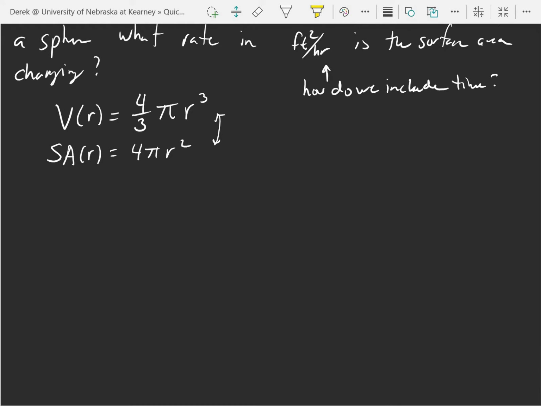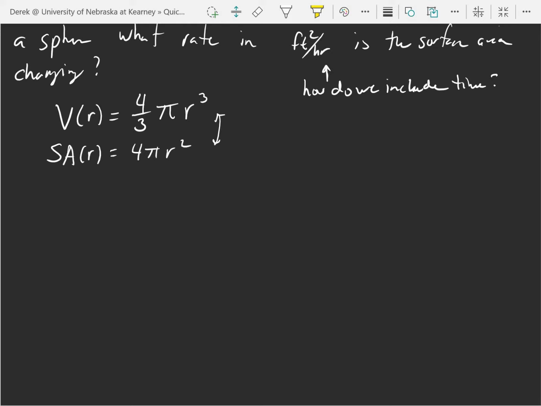So I have to think about what's happening. The volume is changing with time, and so the radius is also changing with time. I should be thinking of these things as functions of time rather than functions of the radius.